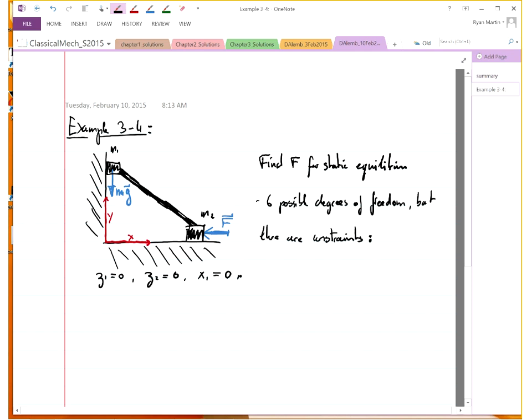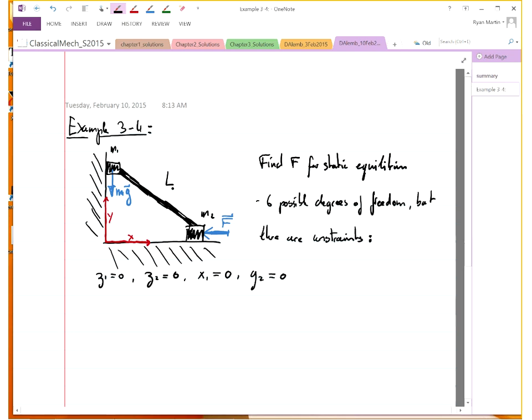Similarly, for mass M2, the y position will always be 0, since it's constrained to slide along the x-axis, so we can say that y2 is equal to 0. And then we have one last constraint, and that's the fact that the two masses are connected by a rod, so the distance between them is fixed.